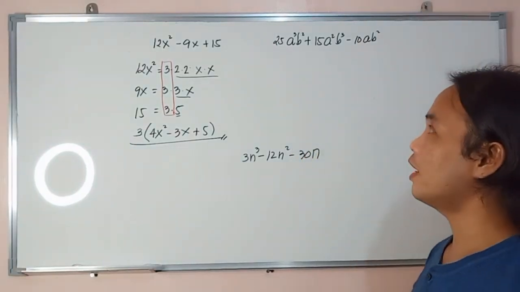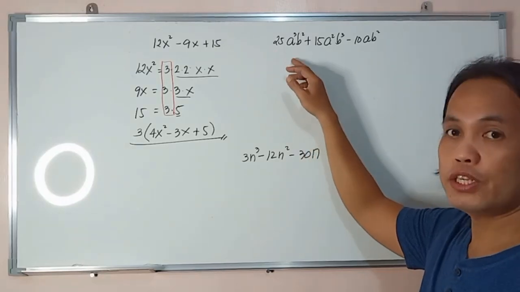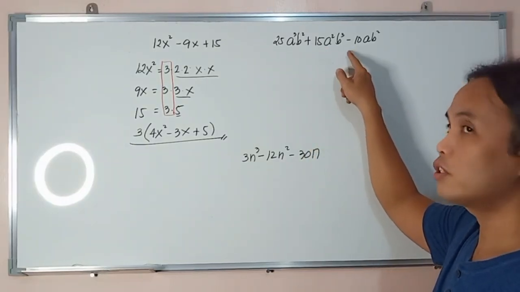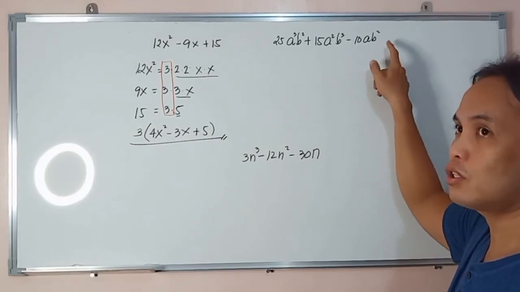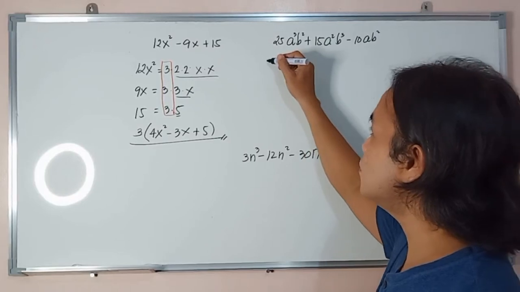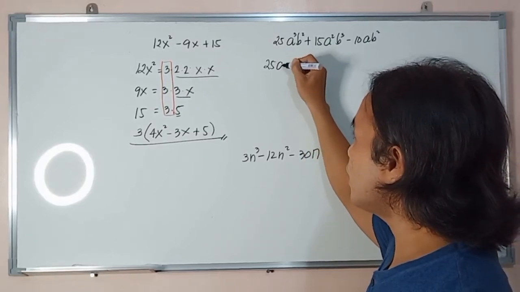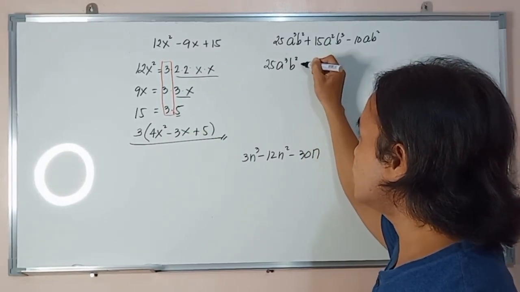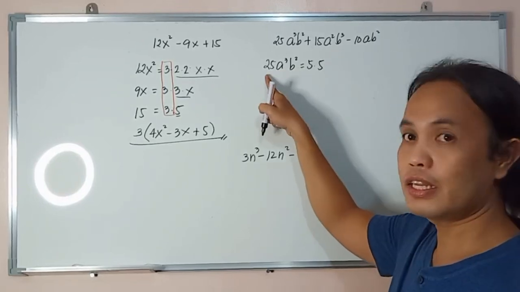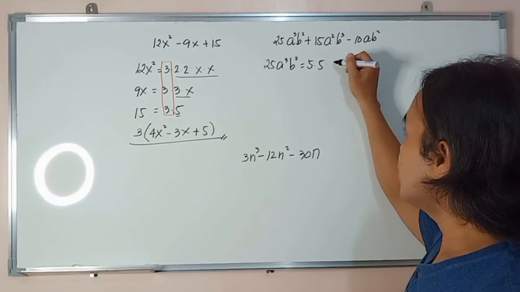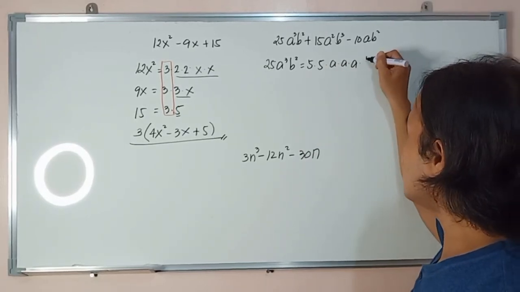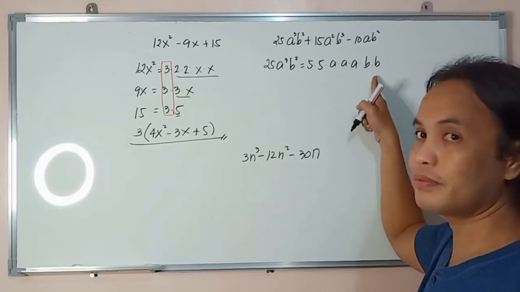Now, next example, we have 25a cubed b squared plus 15a squared b cubed minus 10ab squared. So we do the prime factorization. First term, we have 25a cubed b squared. So prime factors, 5 times 5, that is 25. Then we have times a times a times a, then times b times b.